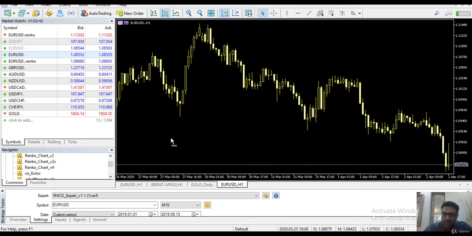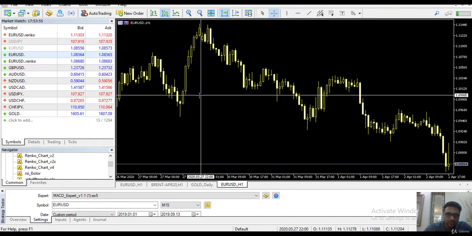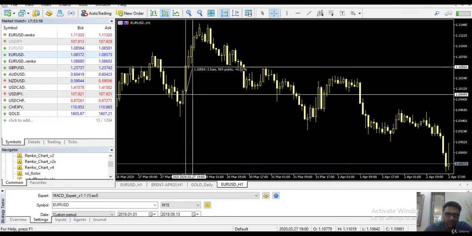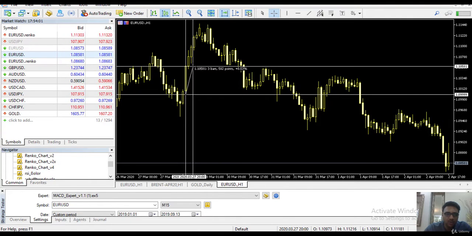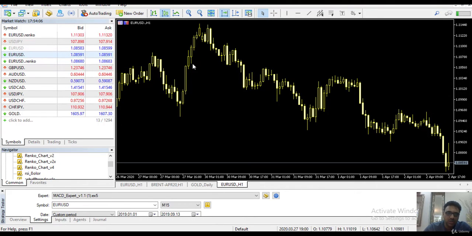If we look at this long candle, we know it has moved from this area to this area on the closing, and from the low to the high it has moved roughly 590 points, which is basically 59 pips in a 1 hour candle. So all these candles represent one time frame, and that is how we study according to the time frame, the candles, the volume, and any other indicators that you need to use.